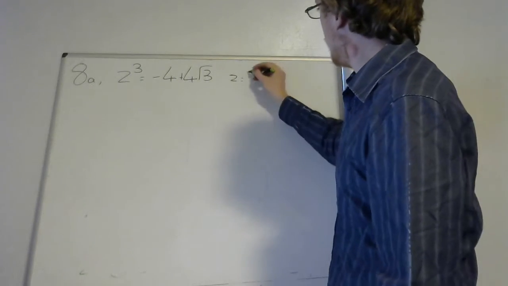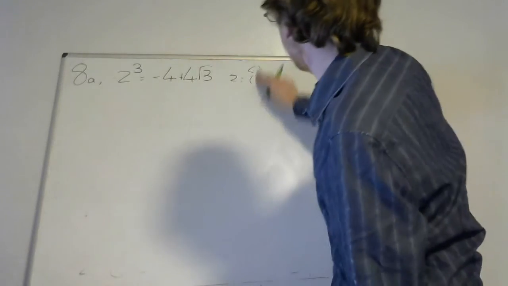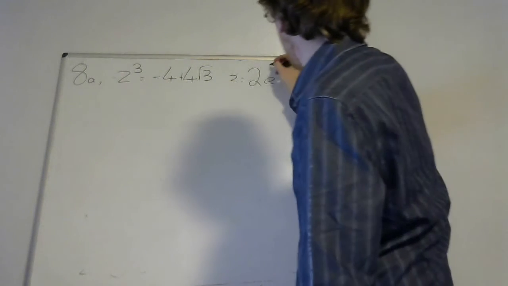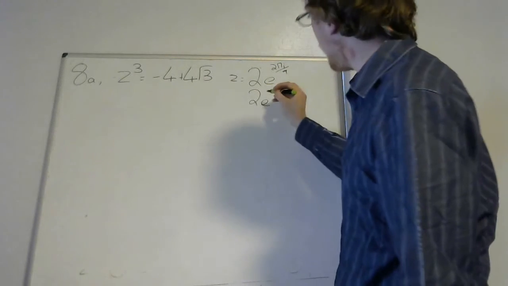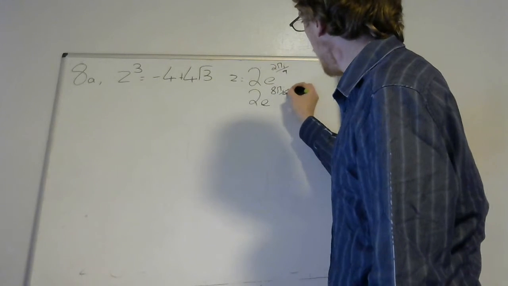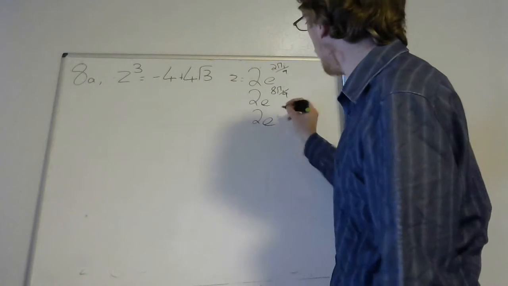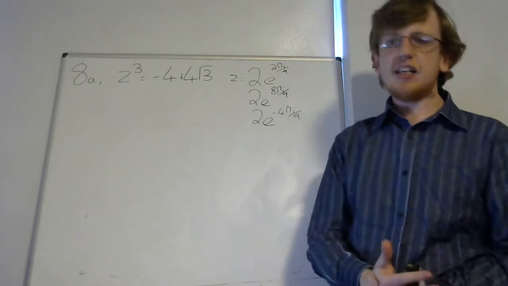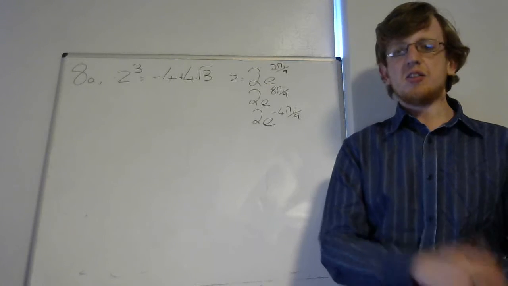And we know that has solutions 2e to the 2 pi i on 9, 2e to the 8 pi i on 9, and 2e to the minus 4 pi i on 9. And we have to consider the roots of this equation and get to where they want.